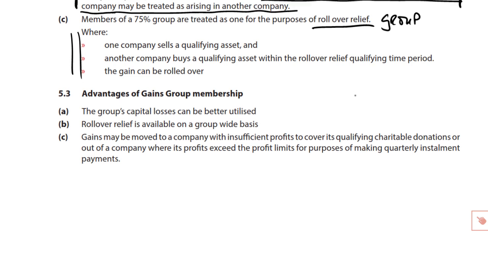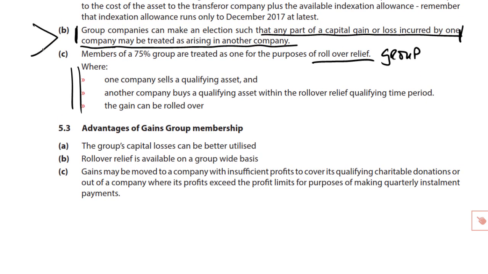Now, in relation to that specific issue, the ability to allow any gains group member within your group to crystallise by selling to a third party any chargeable asset, to crystallise any amount of capital loss, any amount of capital gain. Because after the end of the accounting period, we could look back on each of the companies within our group, and if we wished to move any part of a gain, any part of a loss from one gains group member to any other gains group member or members.